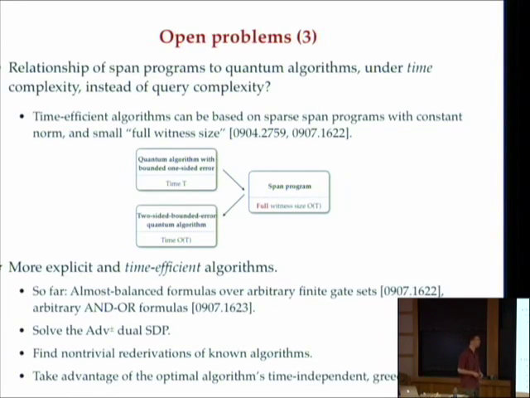And finally, the most interesting problem is to try to apply this framework to come up with algorithms for more problems other than evaluating formulas. I mean, the reason span programs work so well for formulas is that they compose so easily. You can just plug them into each other, like over there. It's not clear whether they'll be helpful for other problems.